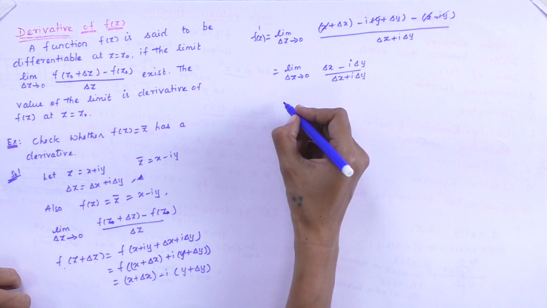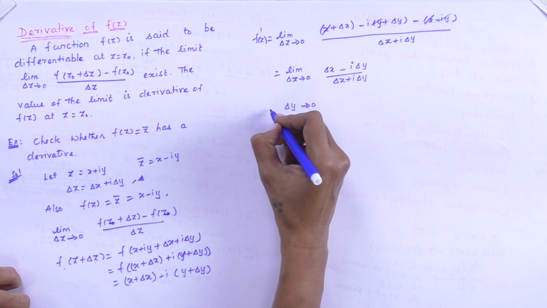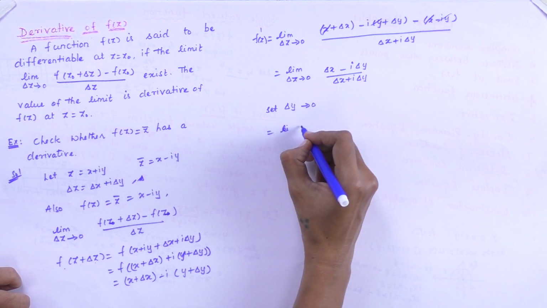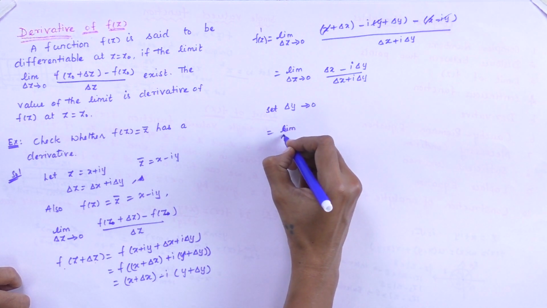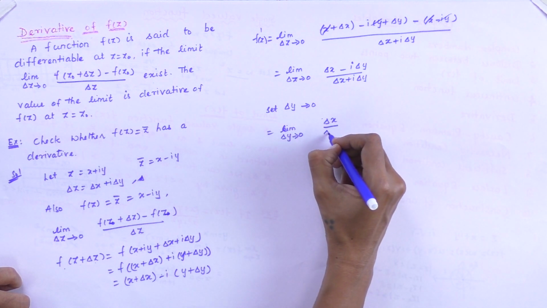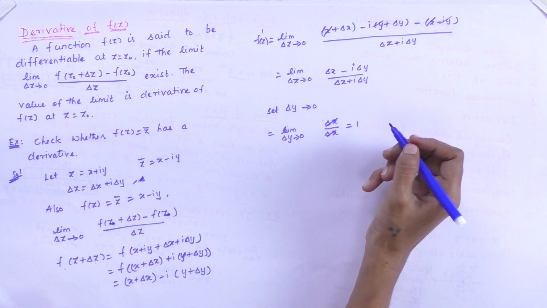If I set delta y tends to 0, then the remaining part is delta x divided by delta x. We can cancel each other, it is equal to 1.